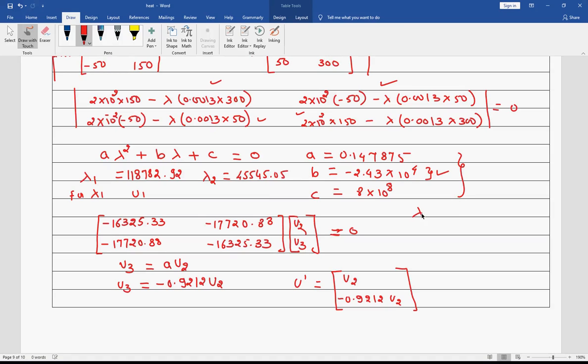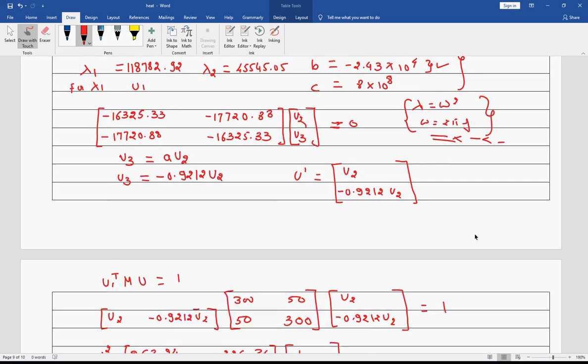So lambda is equal to omega square and omega equals twice pi f. So sometimes your problem will end here only. You have to find the circular natural frequencies and the natural frequencies. Up to this you have to solve, but I'm not taking this because it is just based on the formula. So you can find out omega and frequency.